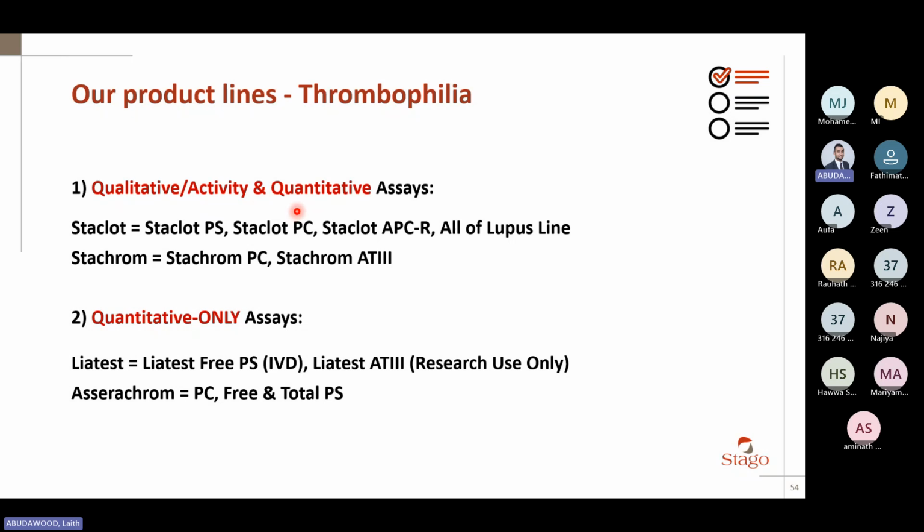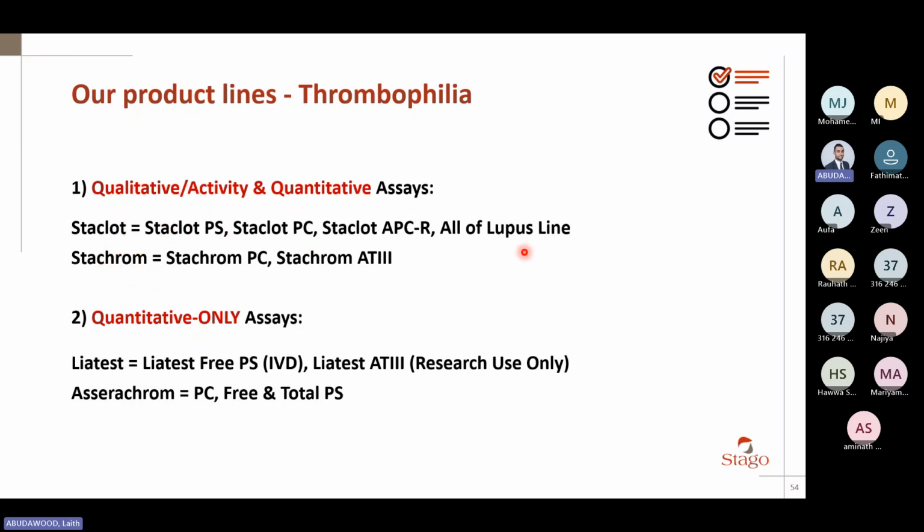So we call this activity or functional assays. Why? Because again, they check the activity or the function or the quality of the protein that I'm measuring, plus they report its quantity. The other type of assays is only quantitative. This kind of assays cannot tell us anything about the activity of the protein. The activity and the quantitative assays are generally clotting assays or chromogenic assays.